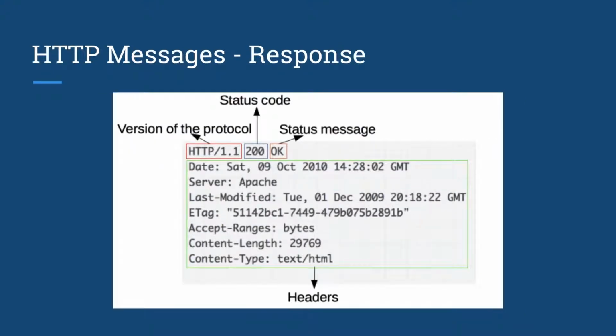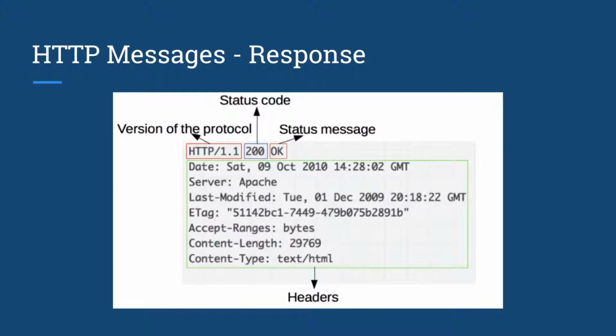And here is the response from the server. The protocol version is also included so that the client knows which response it should handle, and the server knows which version the client handles. The status code 200 means that everything is okay.